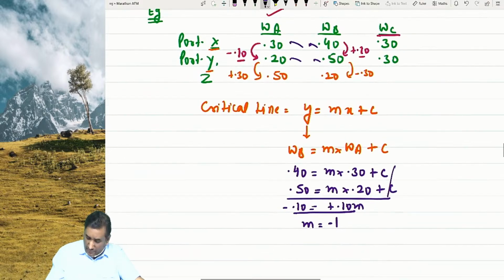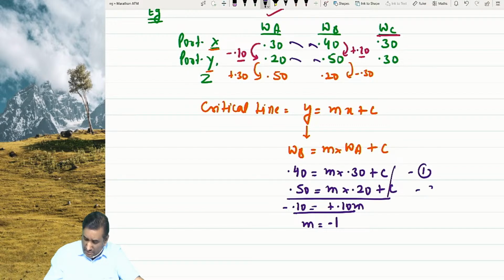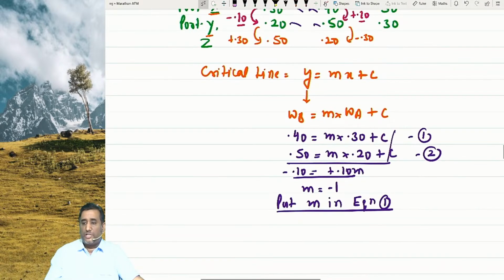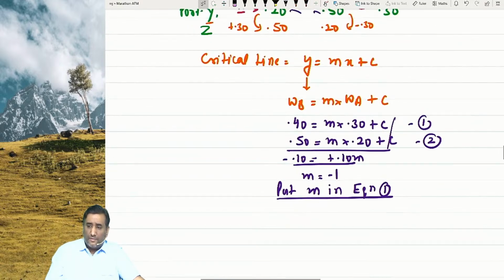And put it in the equation. If this is my equation 1, if this is equation 2, put M in equation 1.